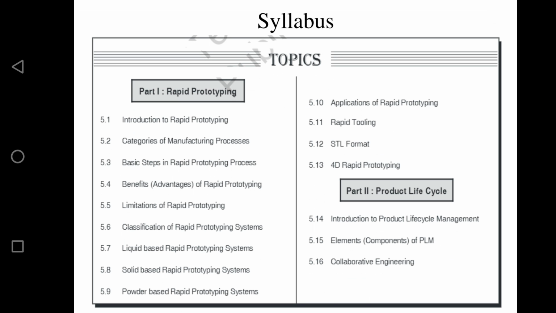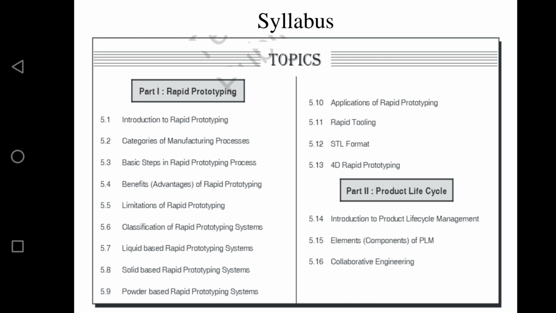In this one we are going to have the introduction to rapid prototyping, what are the different categories of the manufacturing process, the simple or basic steps we use in the rapid prototyping process, and also the advantages and limitations of the rapid prototyping process. Okay, and also the classifications of rapid prototyping technique.